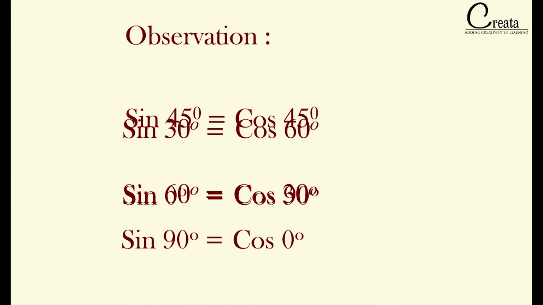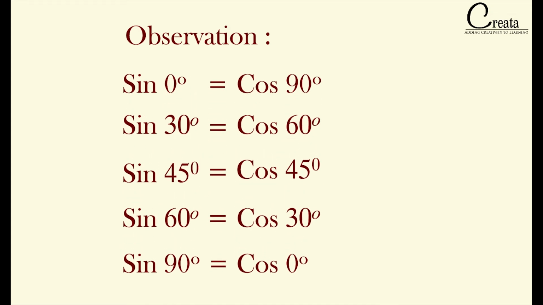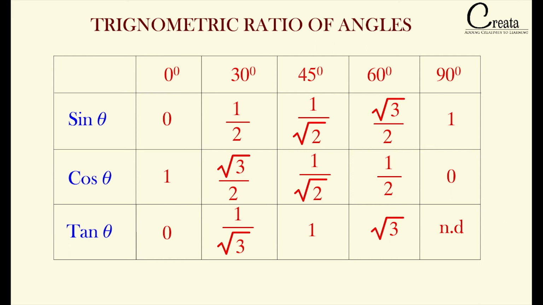Firstly, arrange this in a systematic order from sine 0 degree to sine 90 degree. On arranging sine from 0 to 90 degree, you will observe that cos is automatically arranged but in reverse order. Sine is in ascending order while cos is in descending order. If we correlate this with our trigonometric table, you will observe that the first point of sine is equal to the last point of cos.